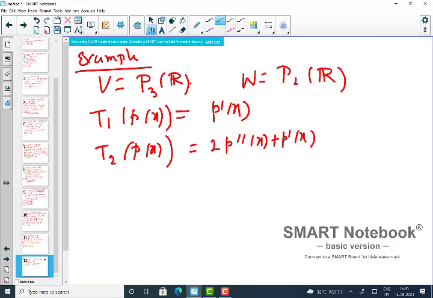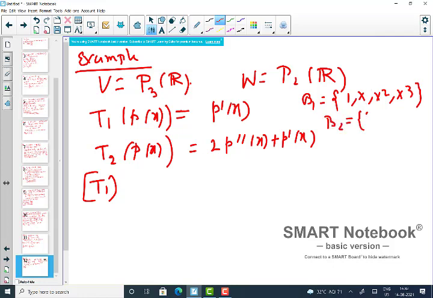Okay. And now what are the individual matrices? I remember the matrix. So maybe A1 is the matrix for T1 with respect to the standard ordered basis, I'm not writing it again. So what was the basis? B1 was the basis of V, which is 1, x, x squared, x cube, and B2 was the basis of W, which is 1, x, x squared.